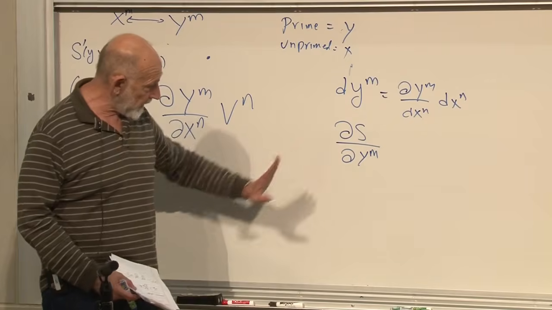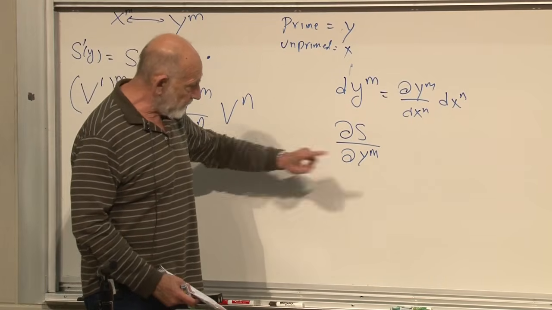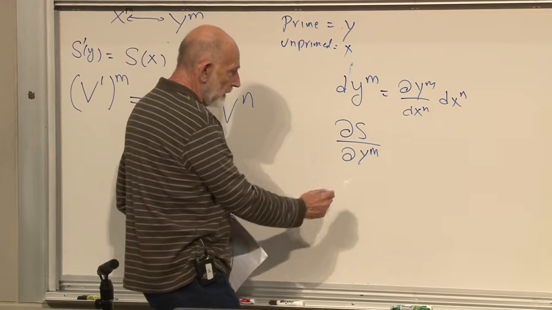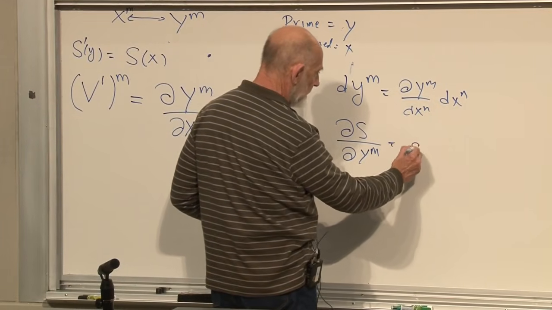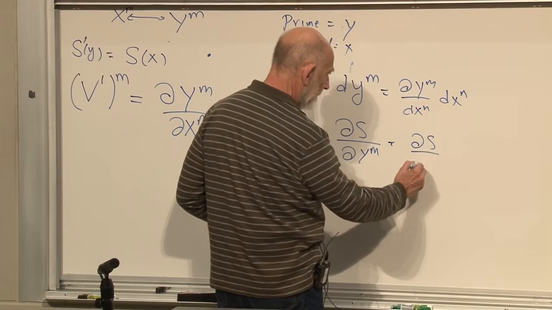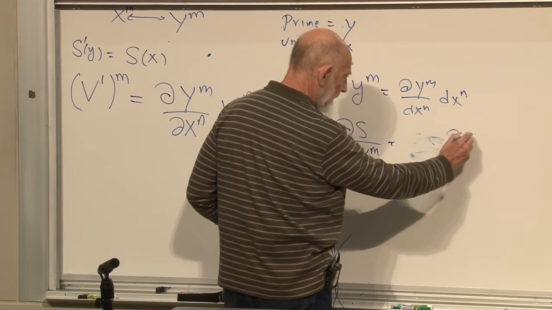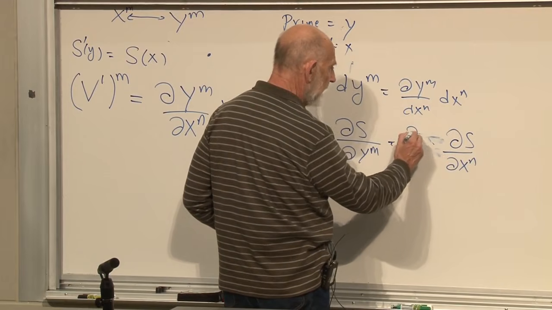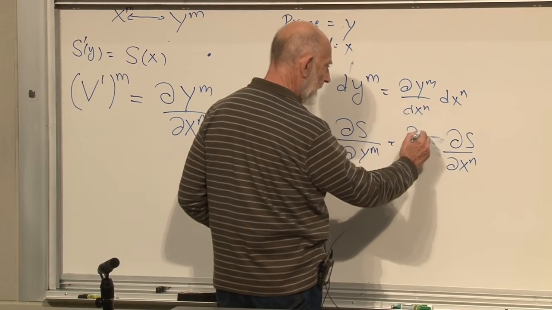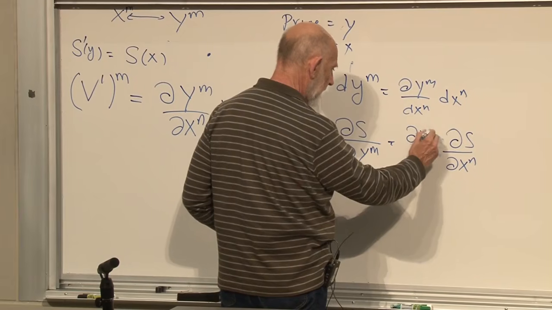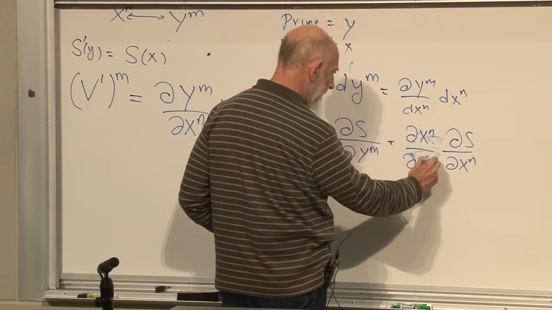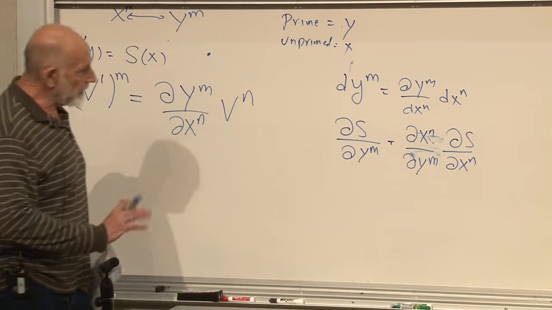This is the gradient of s, and I've differentiated with respect to y, not x, so this is a primed component, and this is equal to ds/dx^n times dx^n/dy^m. Notice the difference.